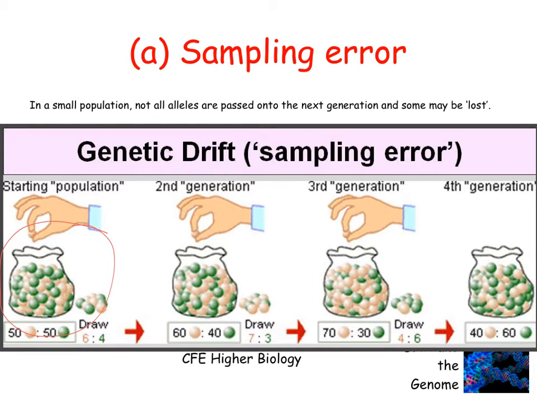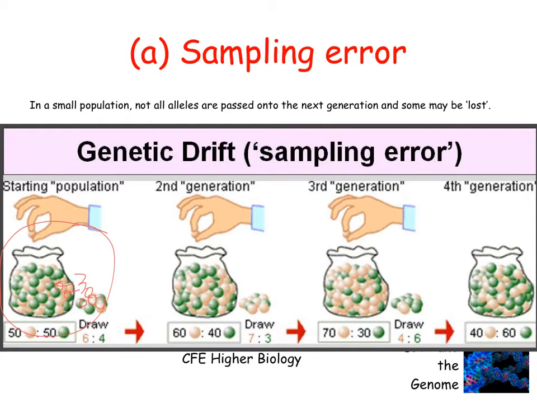So there's a 50-50 chance every single time fertilisation is taking place of a beige allele being selected or a green allele being selected. Now that doesn't mean that you'll get an even number of green and beige ones. What it means is that sometimes, in this case here, you'll get more beige ones being drawn for reproduction than the green ones.